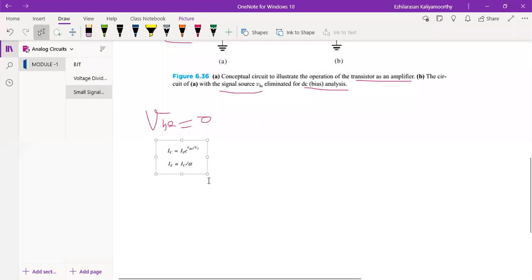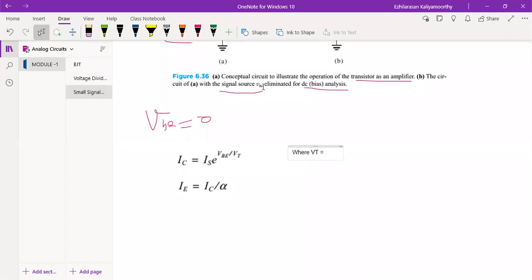This is the first relationship, where the collector current IC is equal to IS into e to the power VBE by VT, where VT is the thermal voltage. VT is equal to KT by Q, where K is the Boltzmann constant.